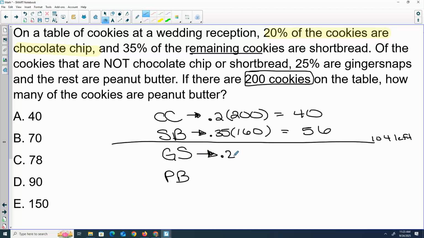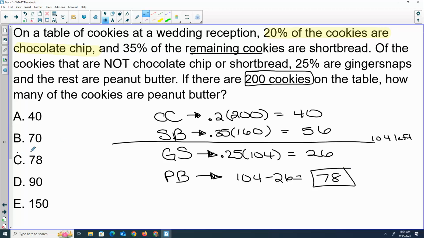So you could find your ginger snap, 25% of the 104, and that gives you 26. So how many are peanut butter? What would we do? The rest of them have to be peanut butter, so 104 minus 26, and that gives us 78 cookies. So there are 78 peanut butter cookies.